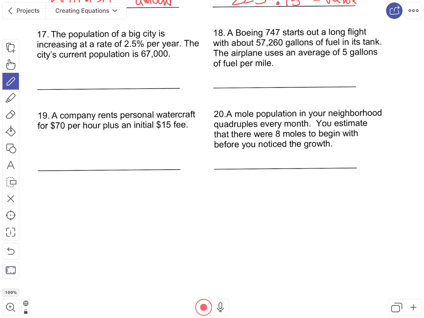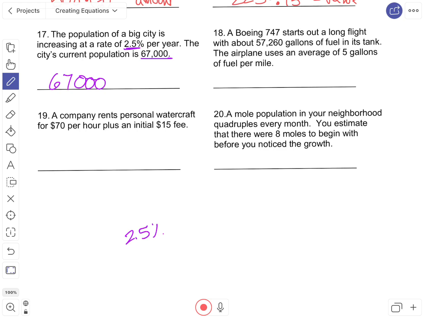Okay, now the last 4 problems. So, the population of a big city is increasing at a rate of 2.5% per year. The current population is 67,000. So we start at 67,000. Now, it's growing by 2.5%, right? However, if we just take 2.5%, that's going to be a smaller number than 67,000.